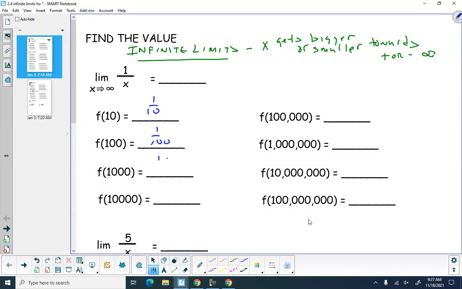We have 1/1,000th. We have 1/10,000th. We have 1/100,000th. And what we see as x gets larger and larger, what is y getting closer to? 0. We're getting closer to a value of 0.